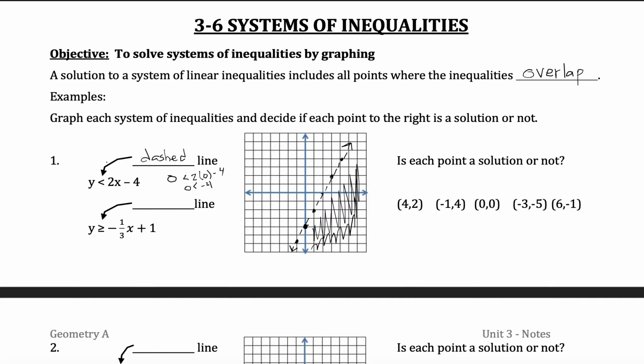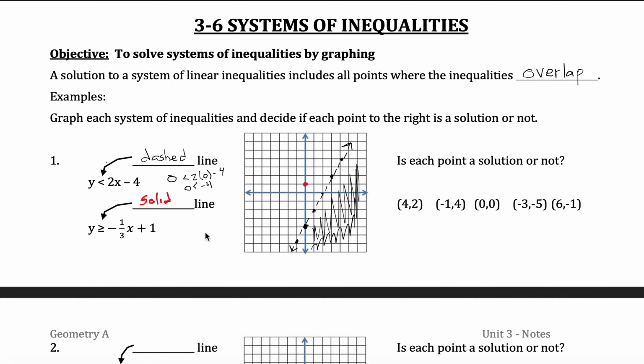Now, I'm going to change the colors of mine so that way I can graph the second inequality. So looking at my second inequality, the first thing I notice is I am dealing with a greater than or equal to sign, so I'm going to have a solid line. The line itself is included in this case. So then I'm going to graph this line. My y-intercept is 0, 1.